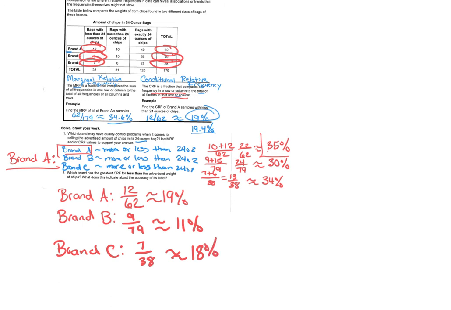Okay, so the question asks, which brand has the greatest relative frequency for less than the advertised weight? Well, again, that's going to be brand A because it's 19%, right?